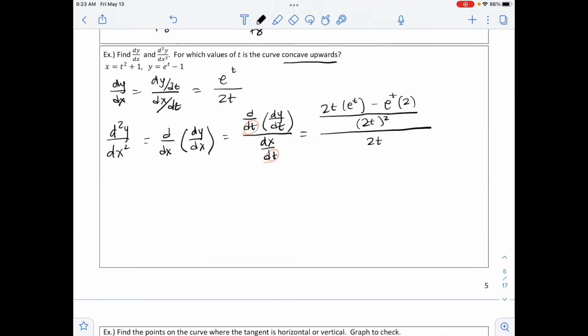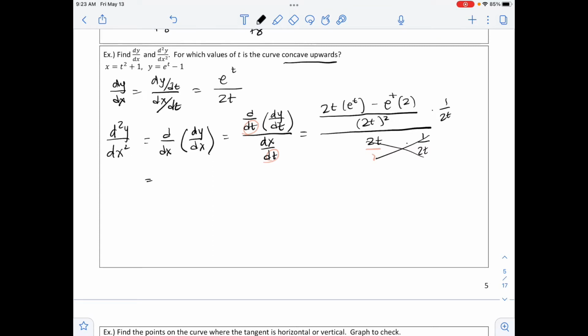Simplifying this, if you think of this as a compound fraction, you can multiply by the reciprocal of the denominator, which allows us to rewrite this a little nicer.